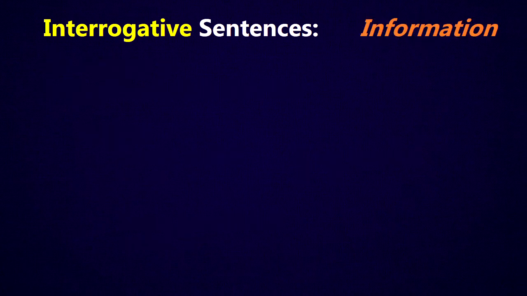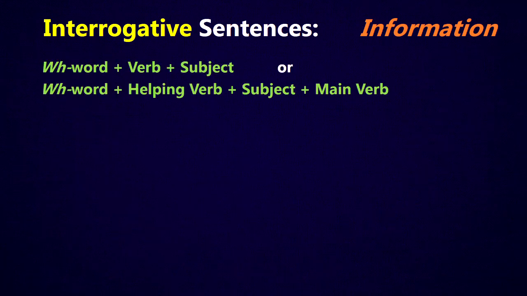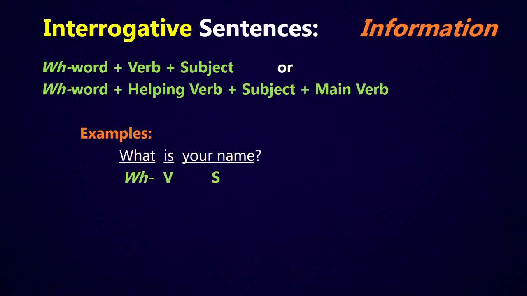The other kind of question is an information question. And these are the ones that start with a WH word. Who, what, when, where, why, or how. For example, what is your name? So here we've got the WH word because the main verb is a form of the be verb.